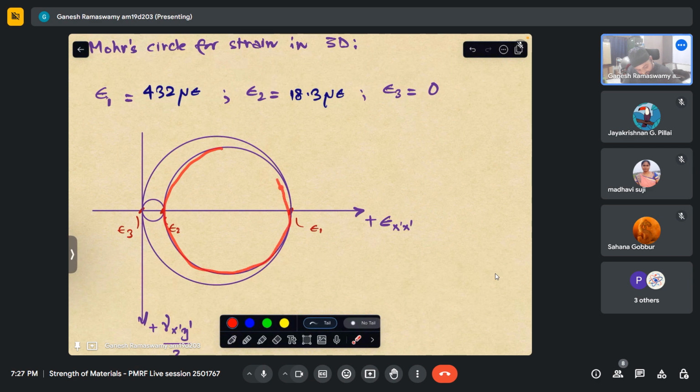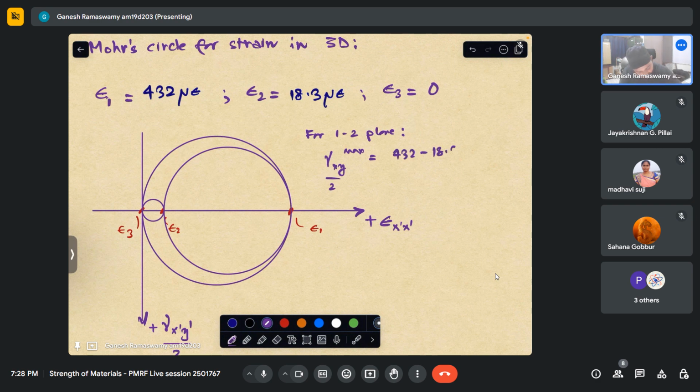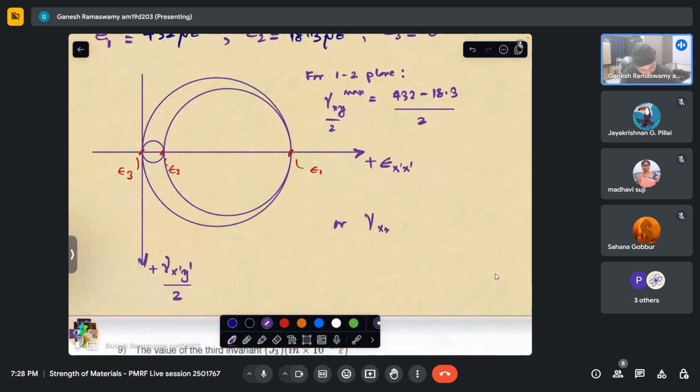So for 1, 2 plane, we have gamma xy by 2 maximum is nothing but the radius of that circle, which is 432 minus 18.3 by 2. Or in other words, gamma xy max in the 1, 2 plane is nothing but 432 minus 18.3, which comes to 413.7 microstrain.